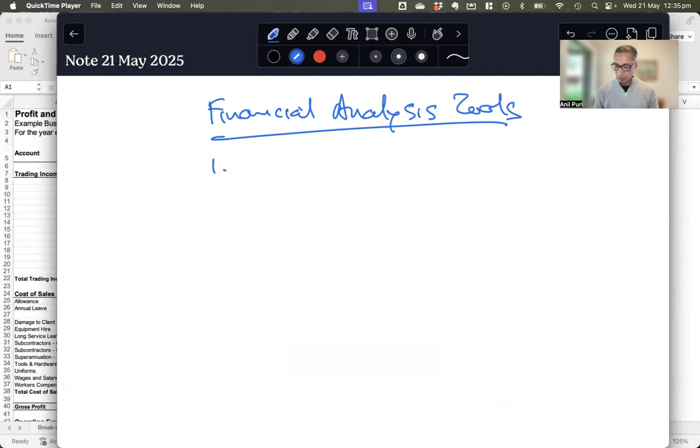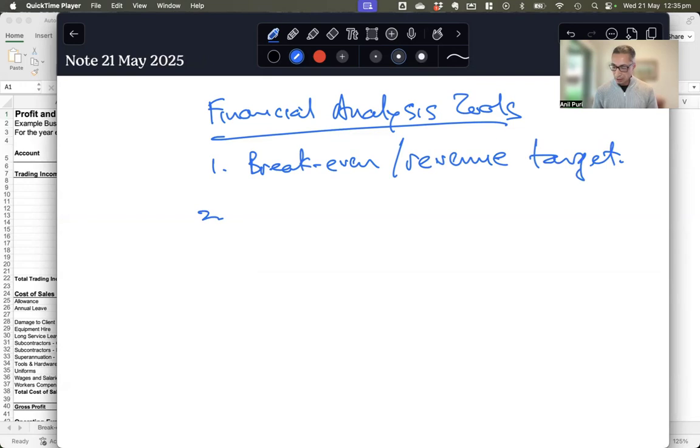So I'm going to go through 4 different tools. One is a break even and revenue target tool. The second is sort of a financial model, but also scenario tool.